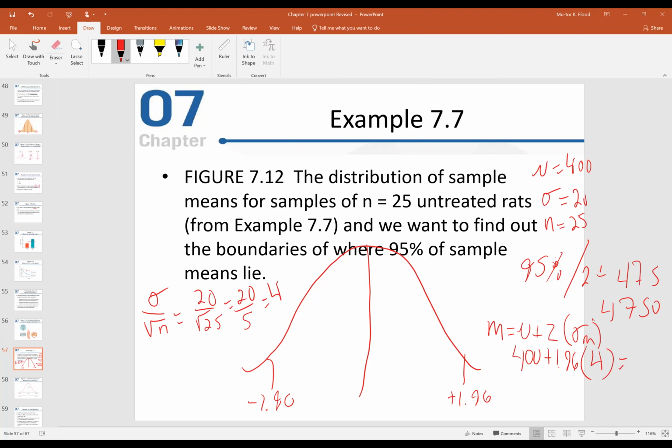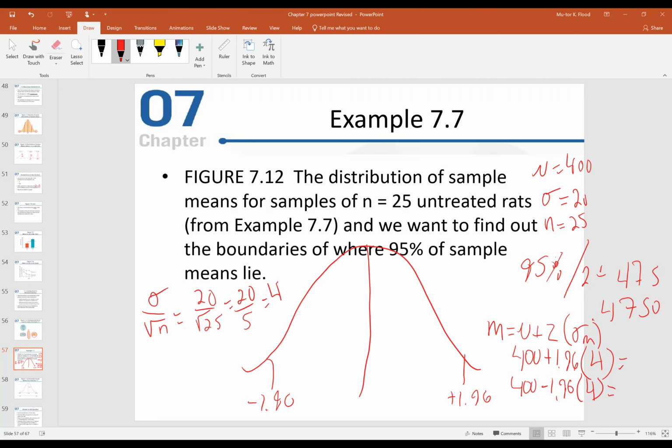But we have two boundaries, one above the mean and one below the mean. So the other one is 400 minus 1.96, the z-score, times the standard error of 4.